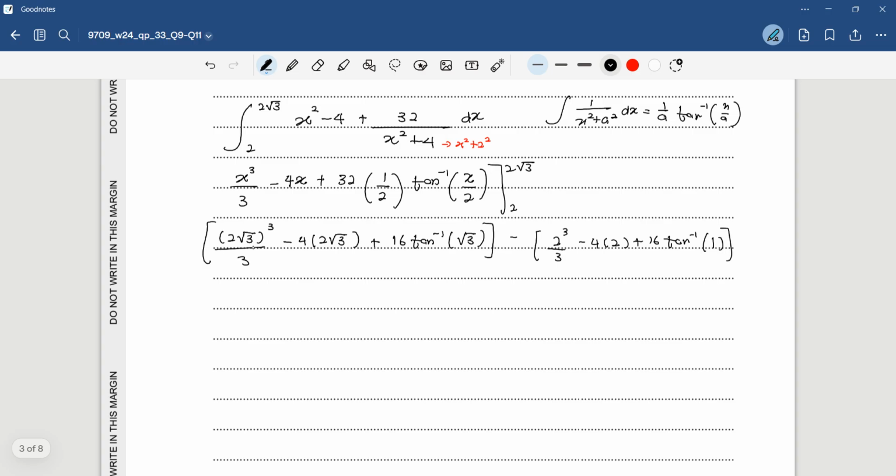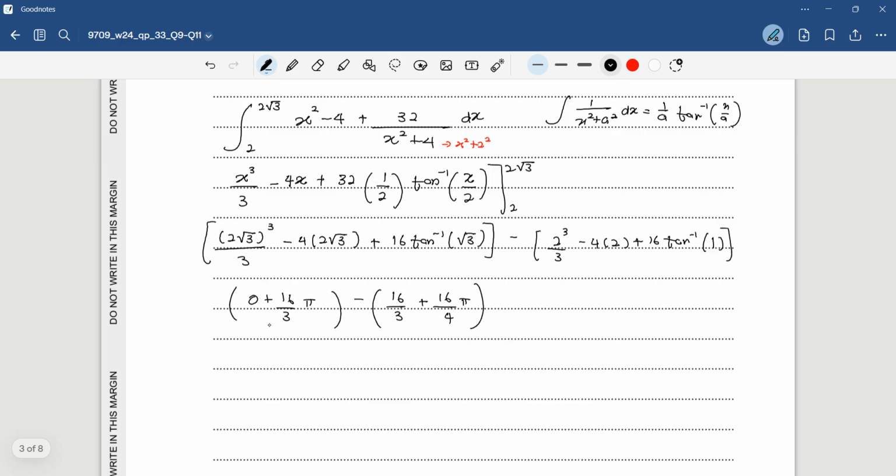Okay, so when you calculate this one, you get 0 plus 16 over 3 pi minus 16 over 3, and for arctangent you'll get plus 16 over 4 pi, sorry, pi over 4.